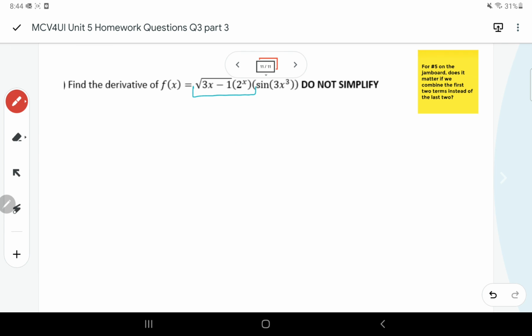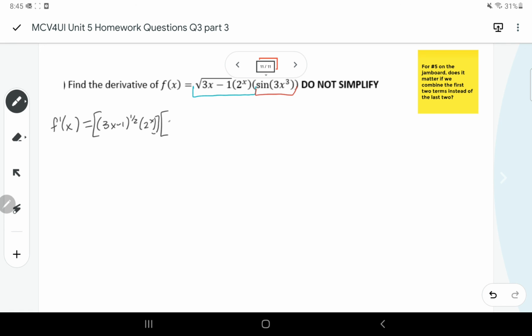You could absolutely combine these two. So then you would do the first terms, so 3x minus 1 to the 1/2 times 2 to the x, times the derivative of the second.